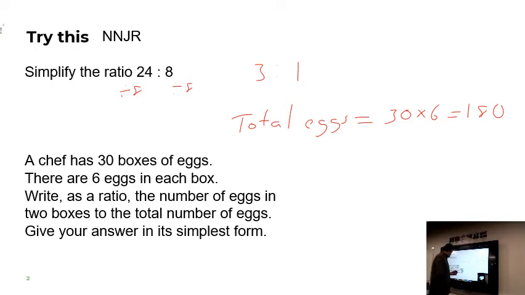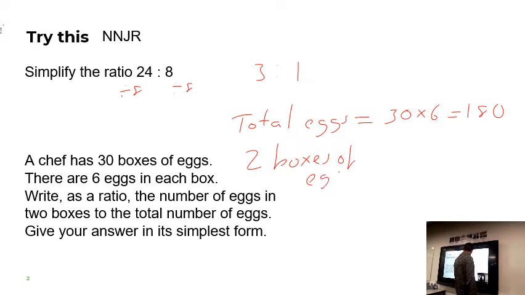So one box of eggs has 6 eggs, so 2 boxes of eggs has 12 eggs. So the ratio of the number of eggs in 2 boxes to the total is 12 to 180.